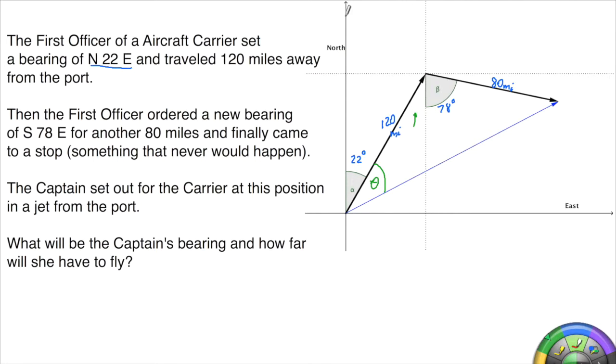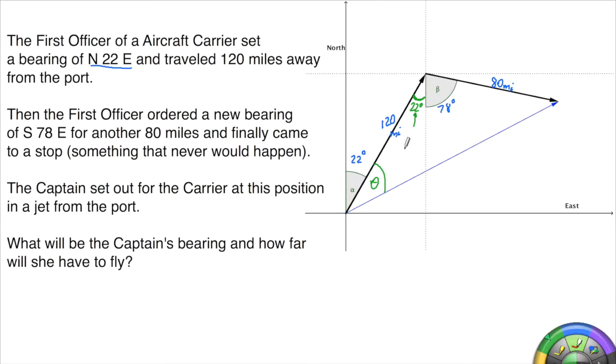To figure that one out, we just have to realize that this line and this line are parallel, and this vector that's cutting through them is called a transversal, and these angles are what is known as alternate interior angles. Therefore, they're exactly equal. So that angle there is also going to be 22 degrees.